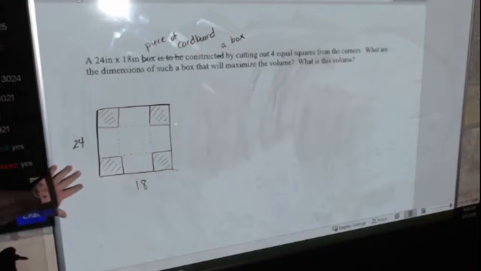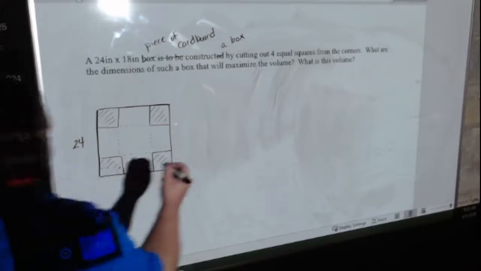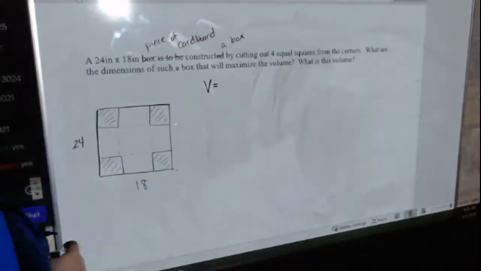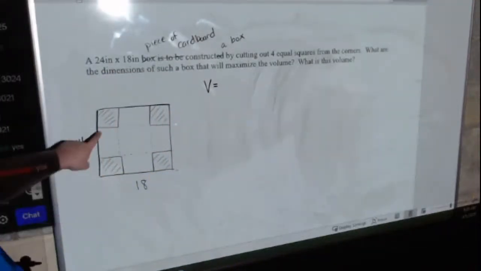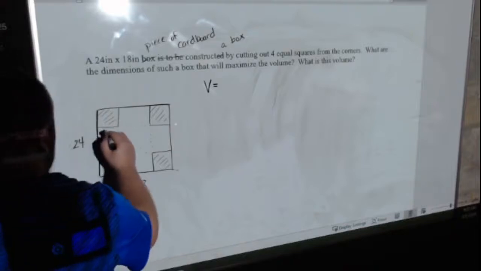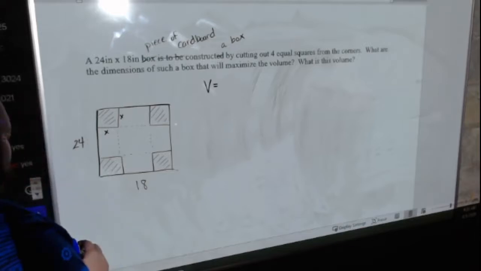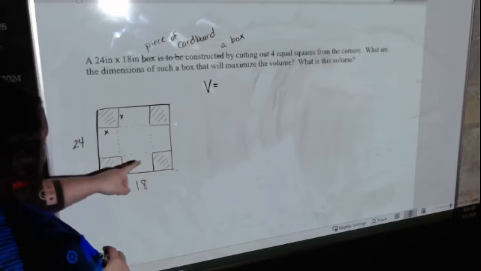So I've got this. I want to maximize my volume. So I need a volume equation. I'm going to call the length that I cut here x. So that's all of these sides.